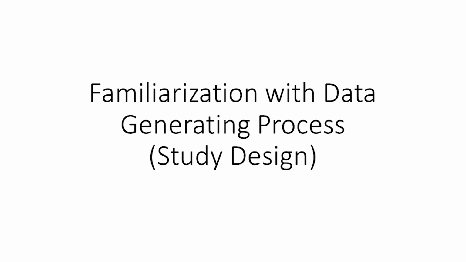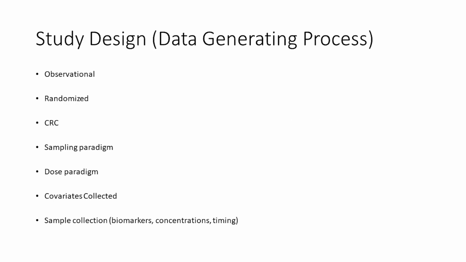So a key step is the familiarization with the data generating process or the study design. When considering the study design, one should evaluate whether this was an observational or a randomized study. This will impact the consideration of potential confounders.